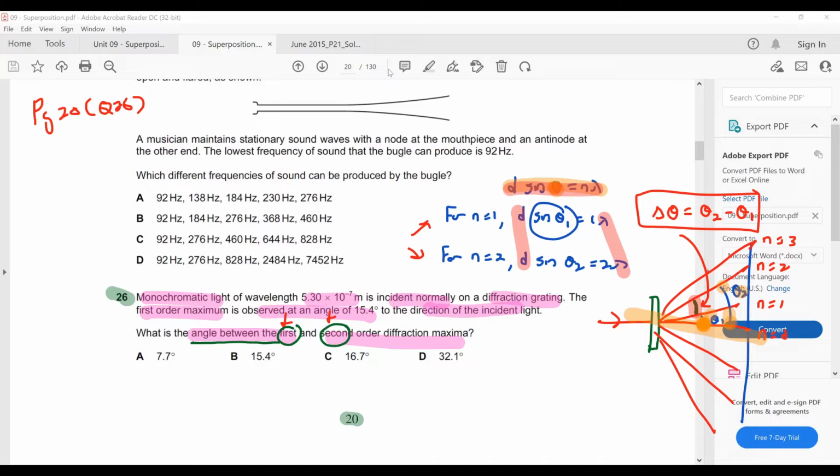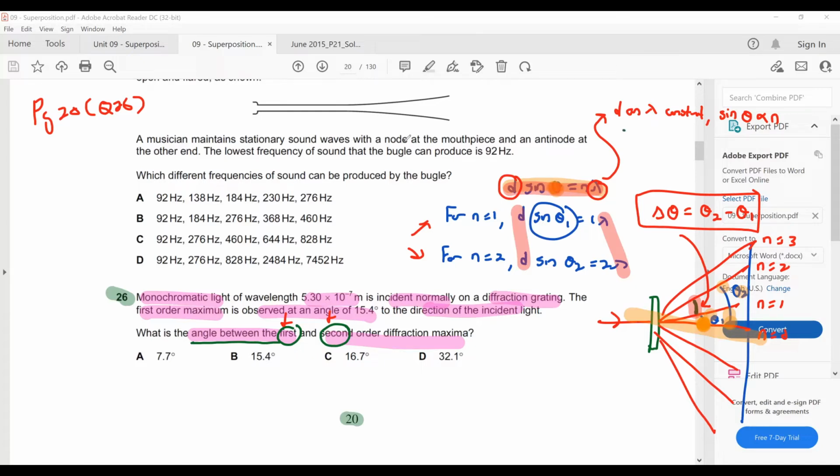So from here, you can say that d and lambda constant would mean that sine theta is directly proportional to n.